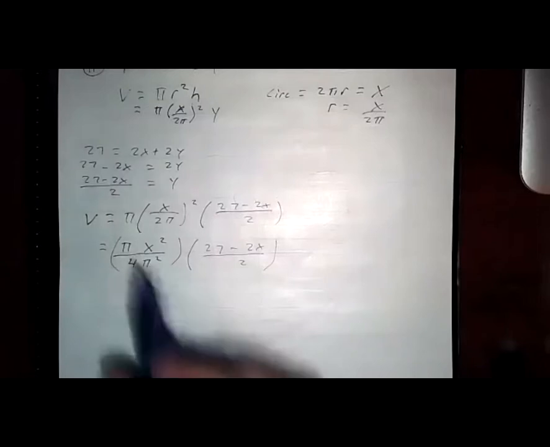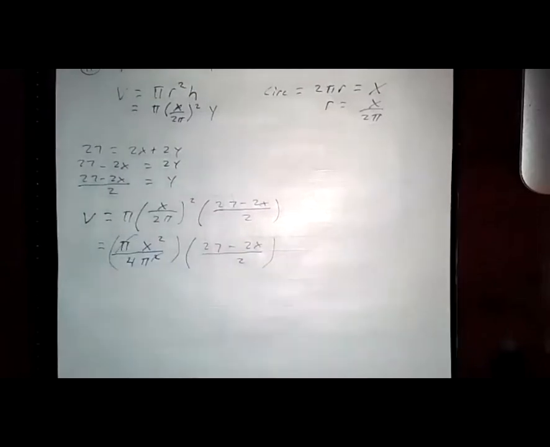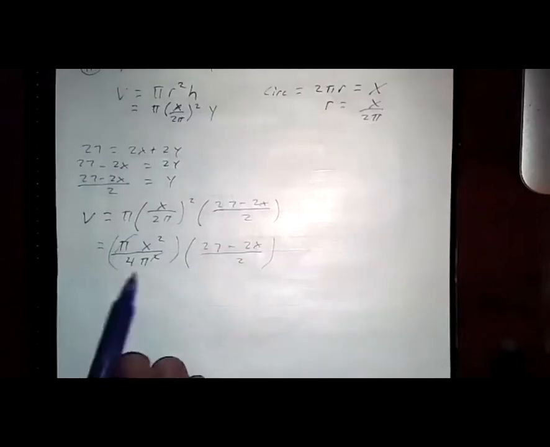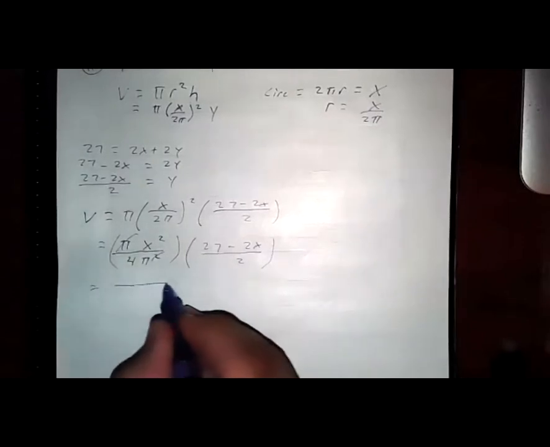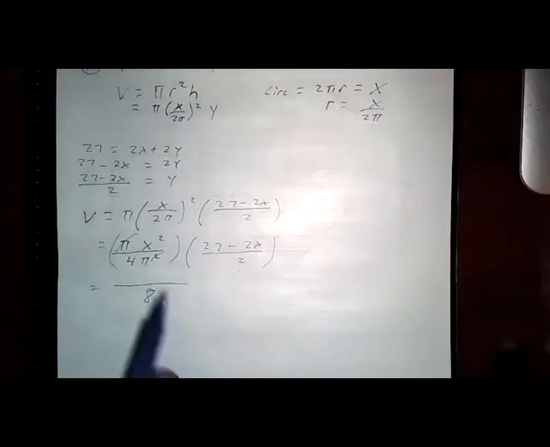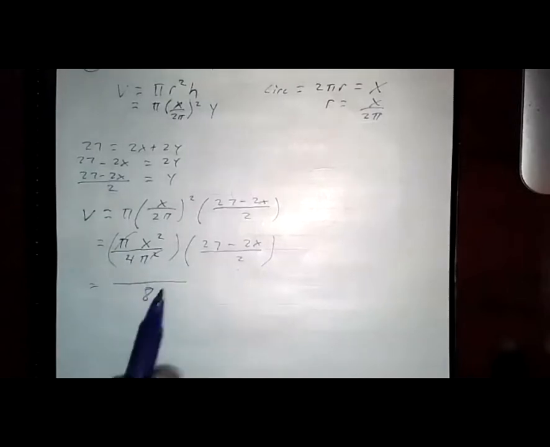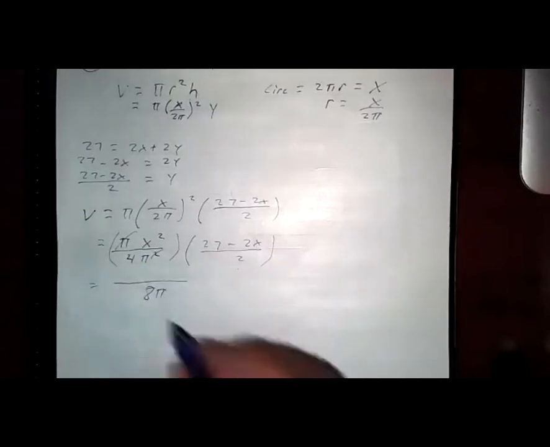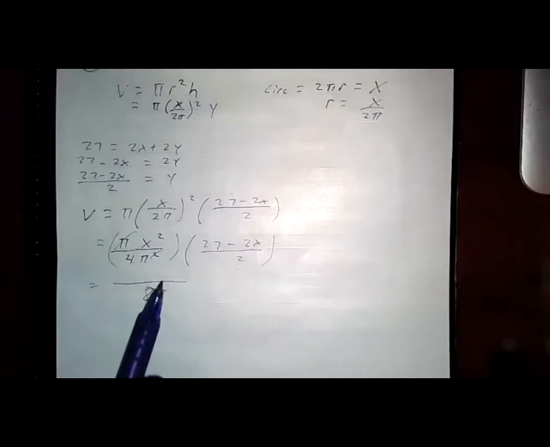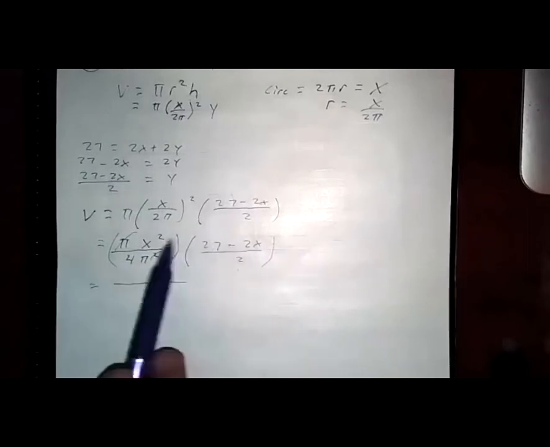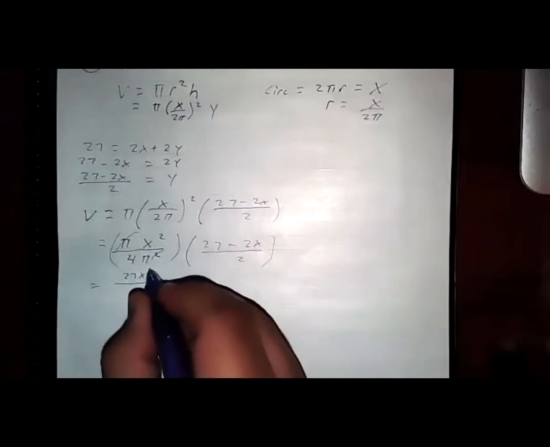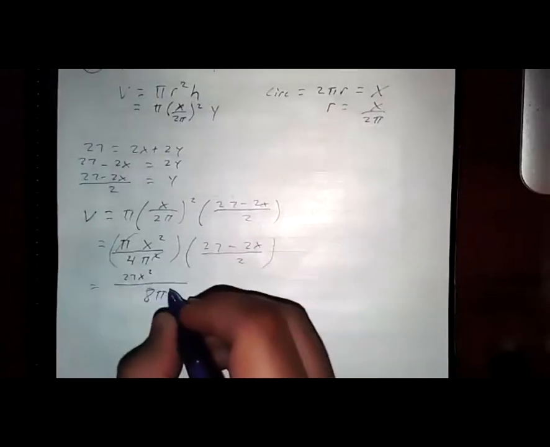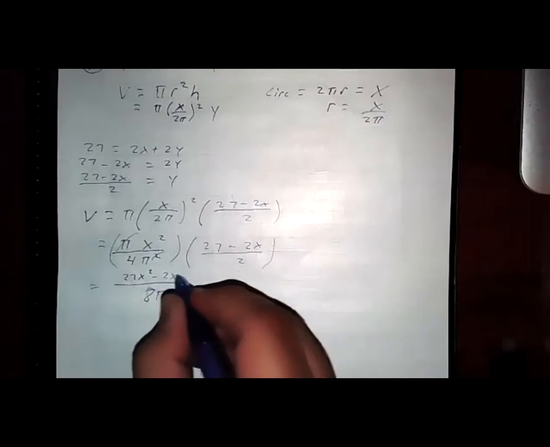I'm just going to cancel one of those pi's out, right? 4 times 2 will be an 8, so I can bring the 8 together. The pi is still there though. X squared times these two, we have to distribute. So that'll be 27x squared minus 2x squared.